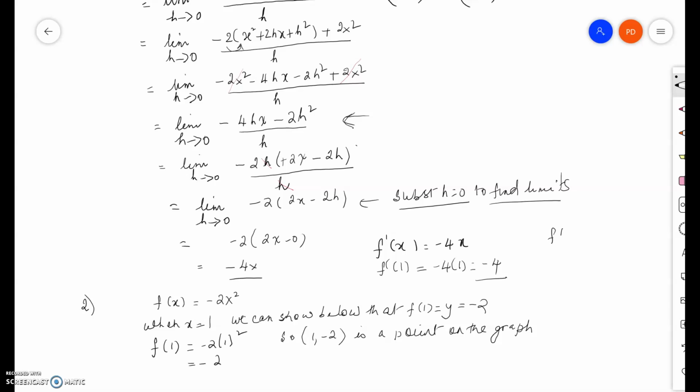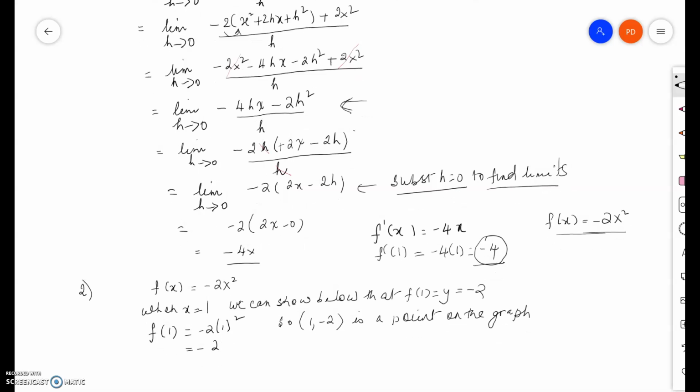So remember, the original graph was f of x equals negative 2x squared. That was the function. So if I draw a tangent line to the graph of this function at x equals 1, then the slope of the tangent line equals negative 4.